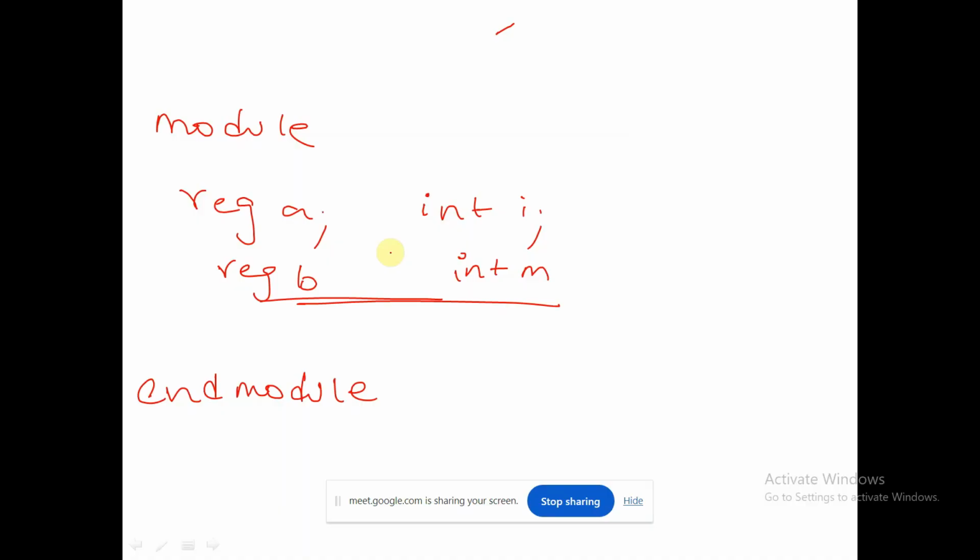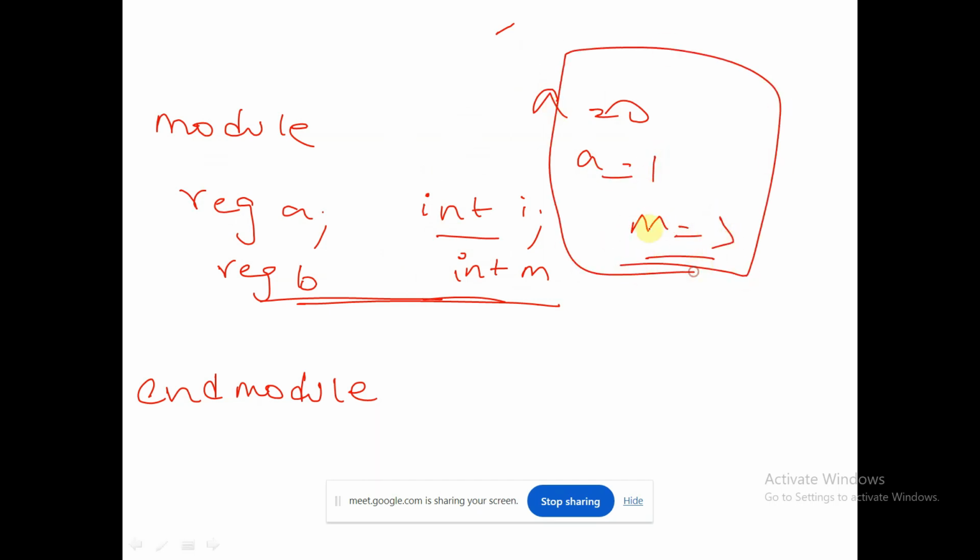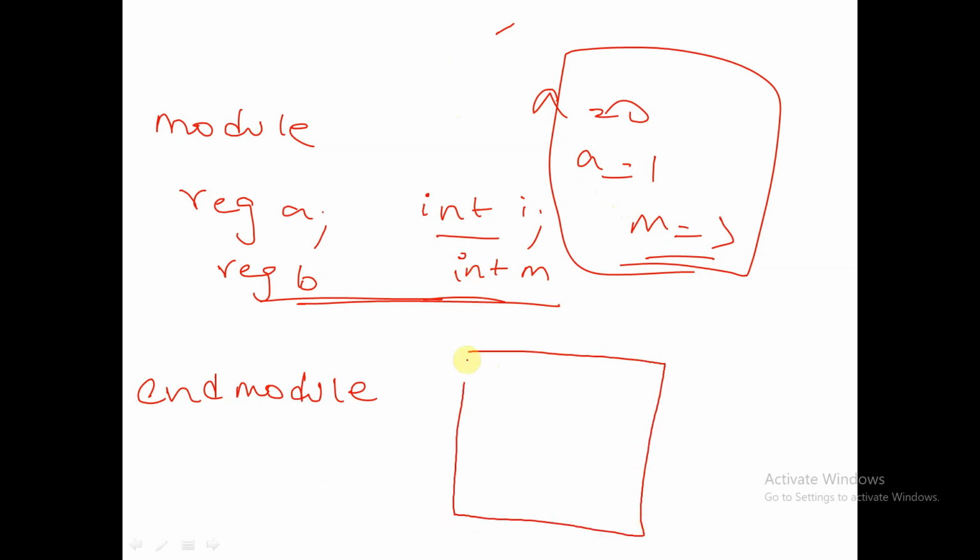So in module, when we declare any registers reg A, reg B, or int i, int m, all these variables can store the value. Say suppose A is equal to 0 or A is equal to 1 or m is equal to 3, like this. So all these variables can store this value, and this value is stored in some particular memory location inside the memory. So these values are stored.